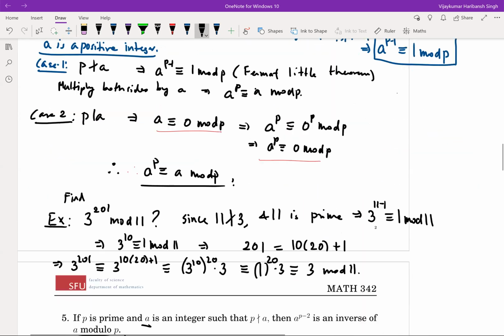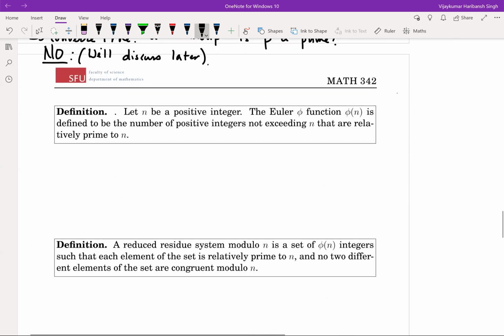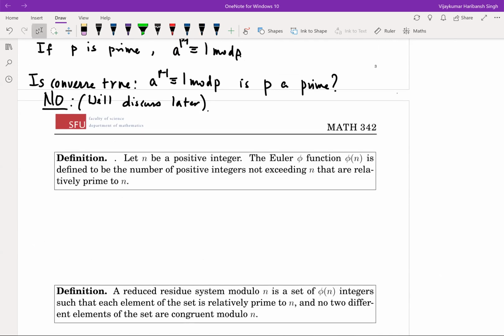So first, let's set up the premise for Euler's theorem. Let n be a positive integer. Then define the Euler phi function, phi of n, to be the number of positive integers not exceeding n that are relatively prime to n. For example, let's take phi of 6.